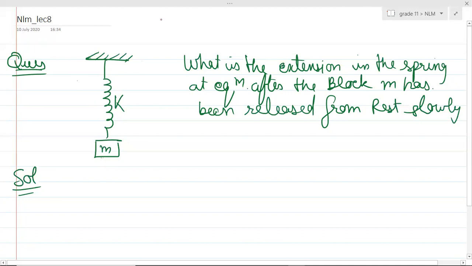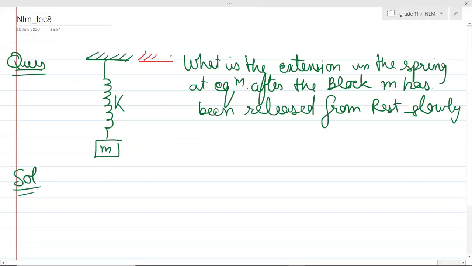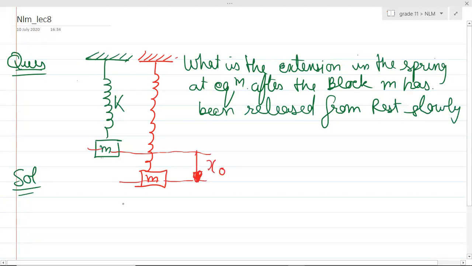But let's say it comes to rest at this particular position after going down a deformation of x naught. At this point the object will be at equilibrium, right?